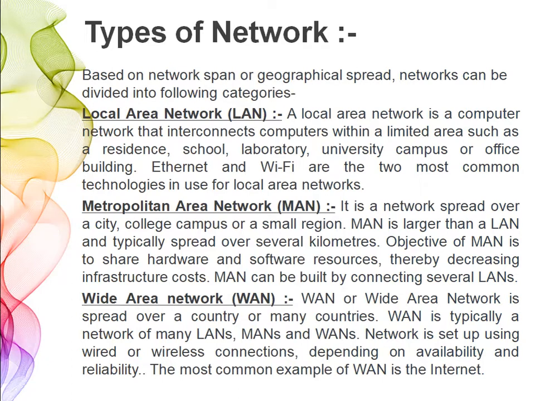Ethernet and Wi-Fi are the 2 most common technologies in use for local area networks. Local area means the distance of the area of that network is not that long.